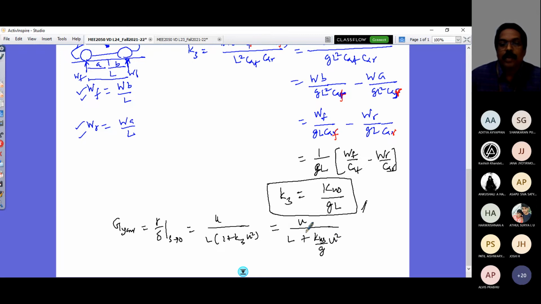So this is forward velocity, small u. You can see this in some textbooks, and you can also see U by L plus KUS by G into U square, right? So you can have this.